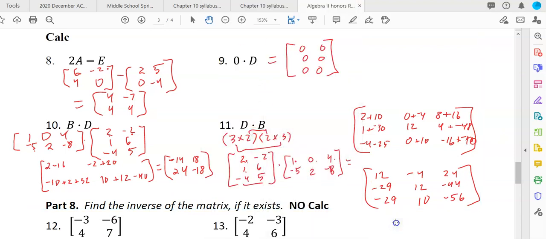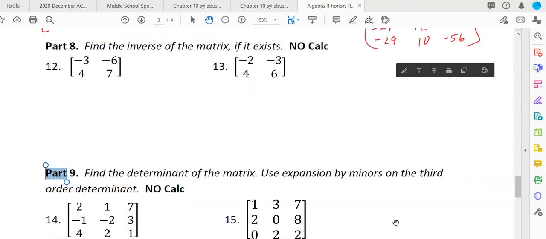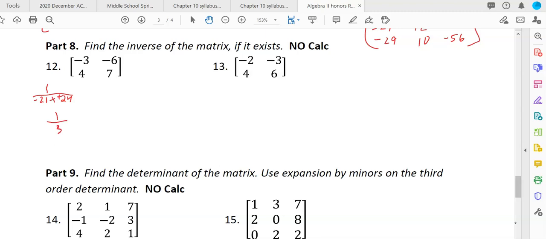Okay, find the inverse, if it exists, of the matrices. So this is just that formula. It's 1 over the determinant times that mixed up matrix. So 1 over the determinant would be 1 over, let's see, it's negative 21 minus negative 24. So it ends up being plus 24, so it's 1 over 3.